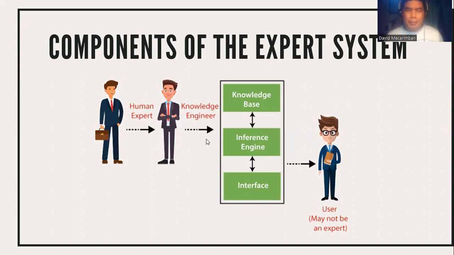The knowledge engineer will be the one manipulating the information to enter in the knowledge base, then to the inference engine, and then interface, and then to the user. The user may not be an expert.